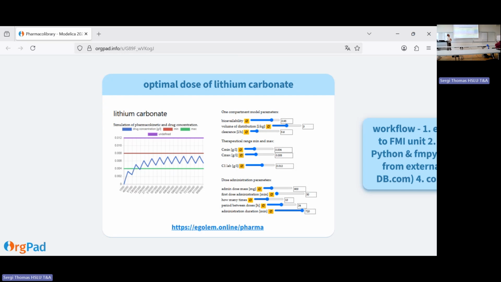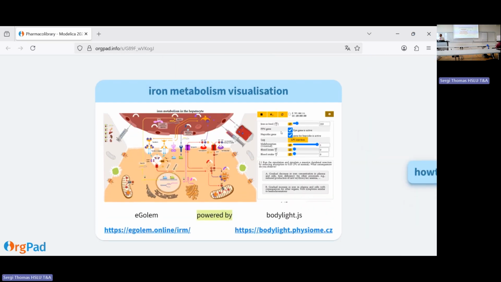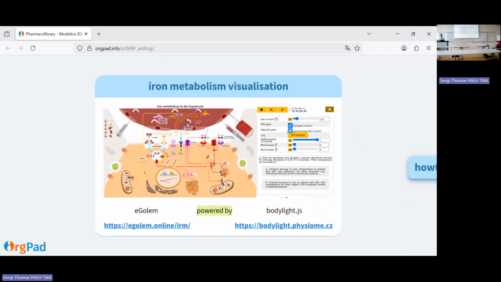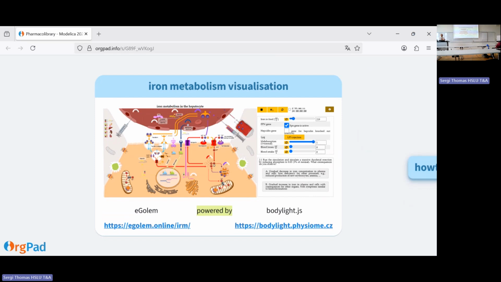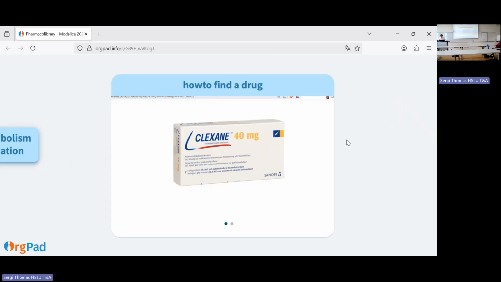So it is the task to set the dosage to optimize the drug level. Here, again, is a visualization for somebody who doesn't know the equations. So it is a visualization for students of medicine of how some of the treatment can affect the toxicity on some cells, and how to find the drug.